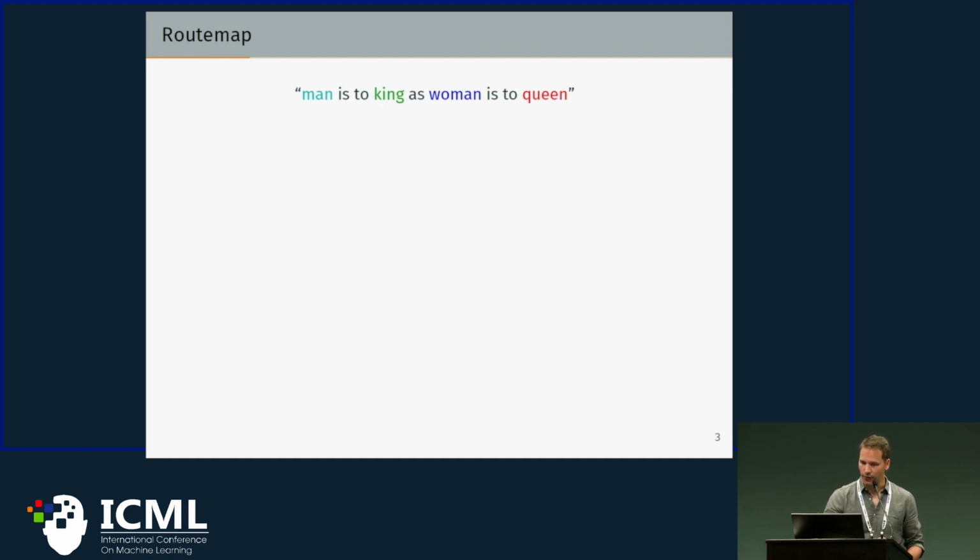So the overall plan then is to explain why we can say this. We take this analogy phrase, break it down, and redefine it mathematically as these word transformations from man to king and woman to queen.